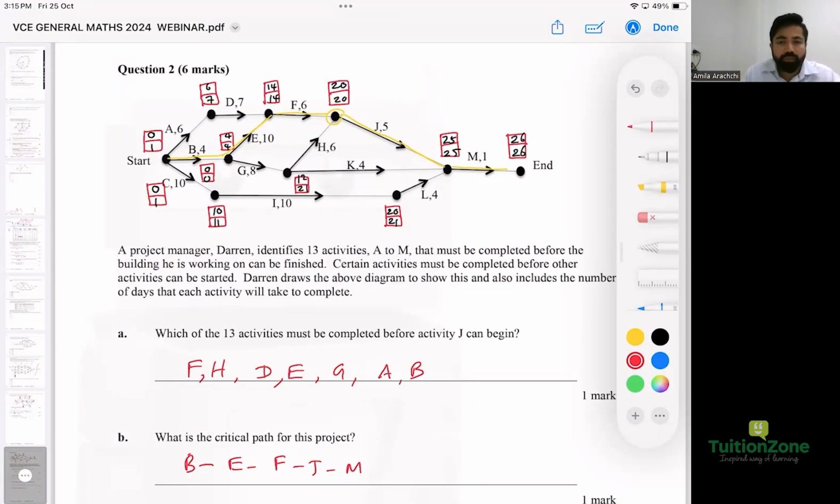Anything else, or is that all? Double check. Anything else we need to start the J, apart from the ones I just wrote? See if I missed anything. That looks like it. That's all we need to start the J.